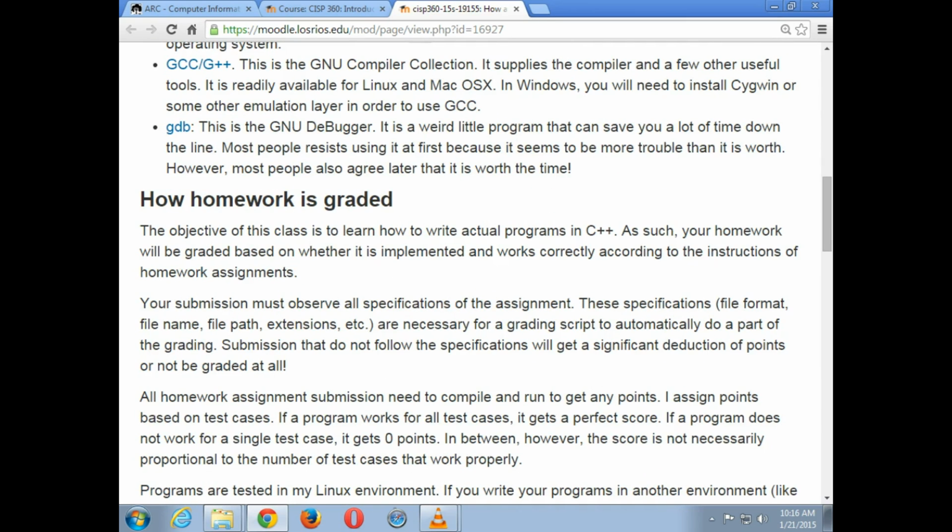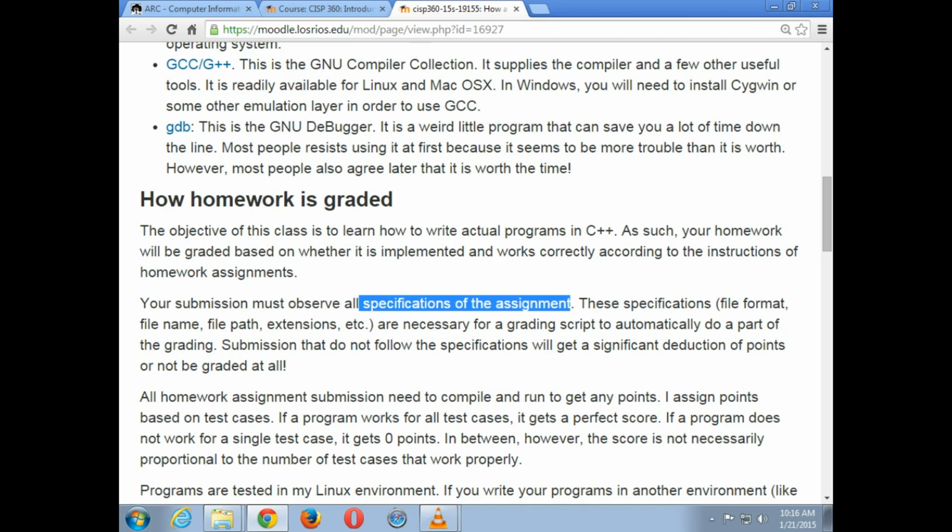How your homework is going to be graded is based on your submission. When you turn in your homework assignment, there will be some specifications that you have to follow. These specifications will include the file format, file name, file path, extensions, and so on. There's a lot of details that you have to follow in order to turn in your homework assignment. The reason why I have to specify all of these is because your homework will be partially graded by a script.